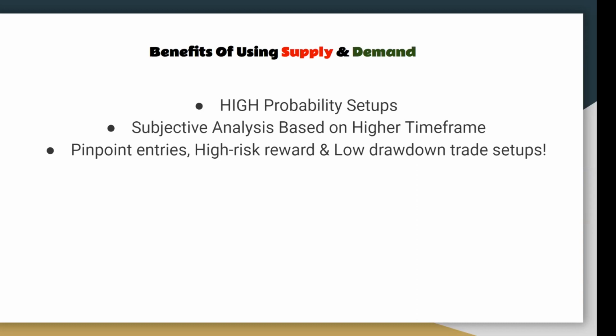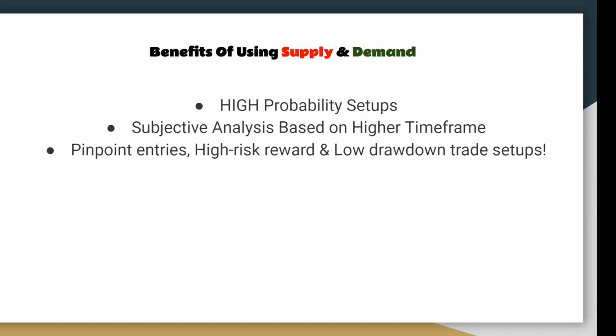And your risk to reward is very high, since you have a lot of reward because you're basically entering with smart money and big money institutions. And your risk is very minimized because as soon as the price action comes underneath that specific zone, if we're talking about demand, and if we're talking about supply, it would have to come above that specific zone, right? So as long as your zone is still validated, you're good to go.